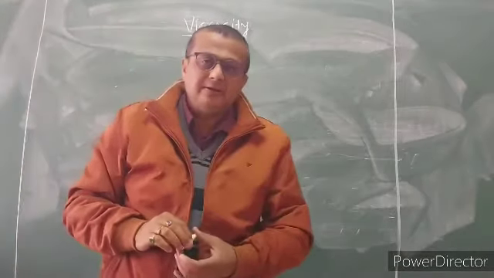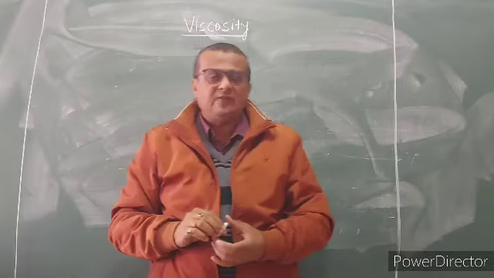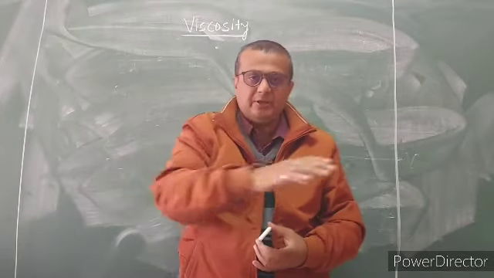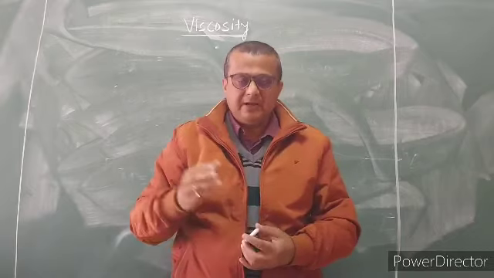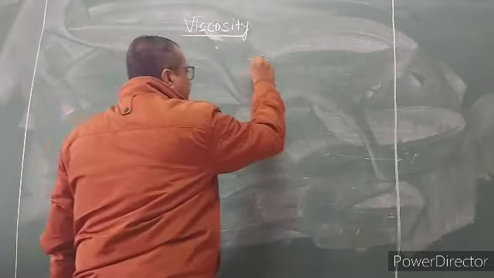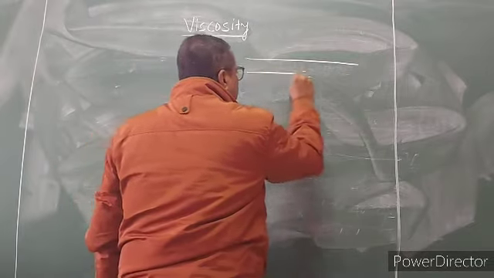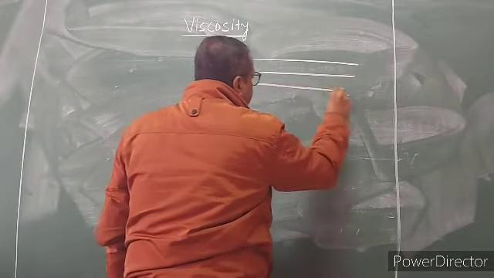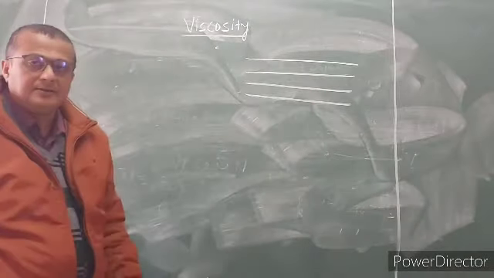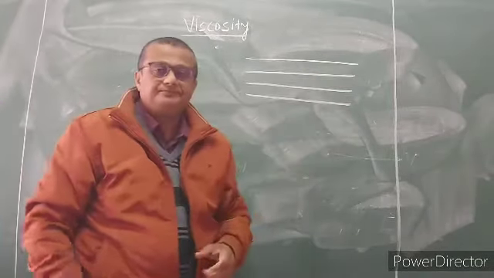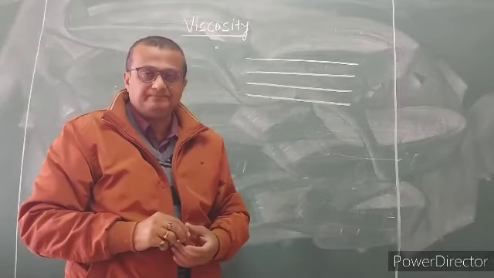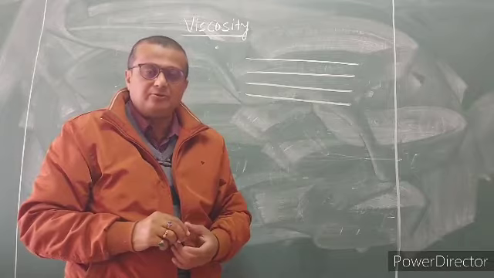When liquid flows in the form of layers, there are different layers of liquid. In the upper layer, certainly the speed will be large in comparison to the lower layer.